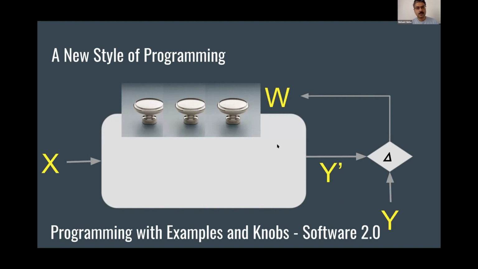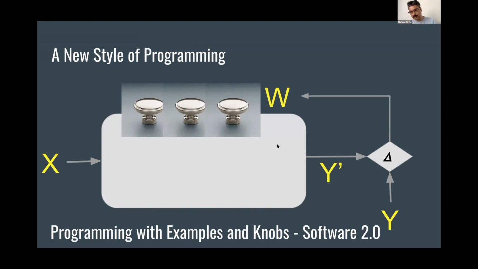In the last decade or so, a new style of programming has evolved, or many more people have become familiar with it. It's the inputs X, expected output Y, and there's this box which has these knobs, and it computes this output Y prime.